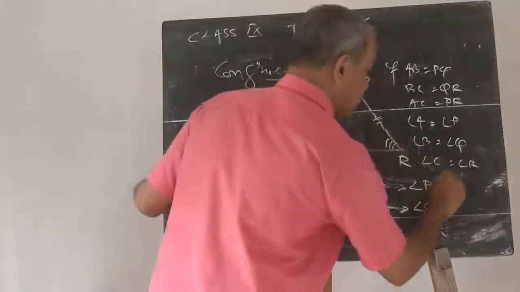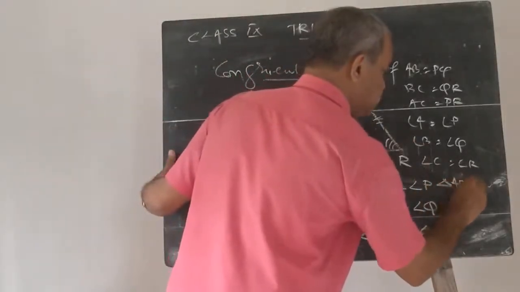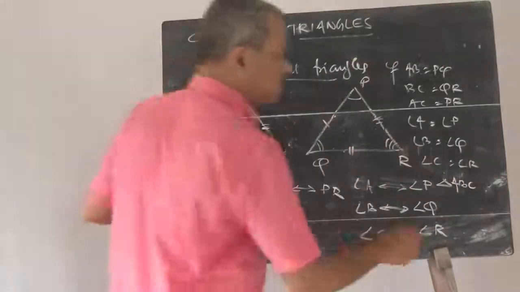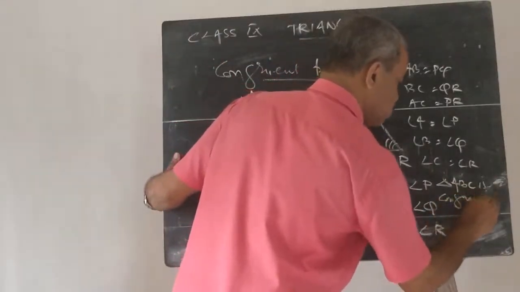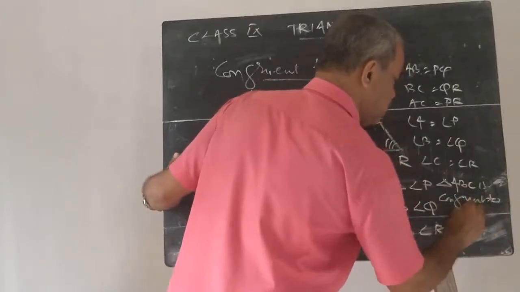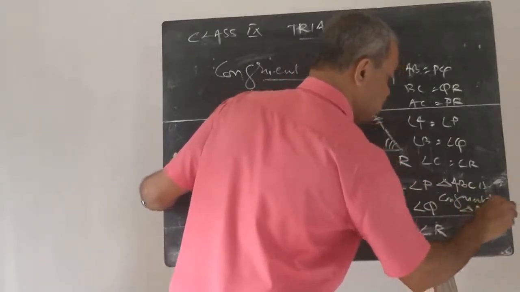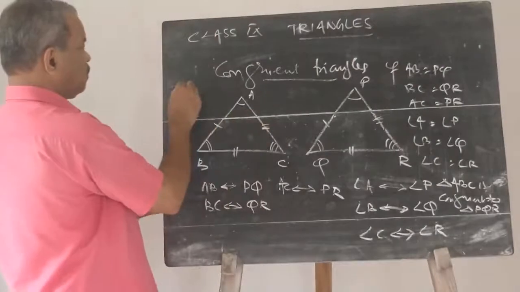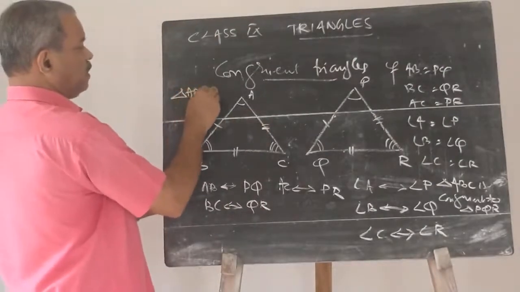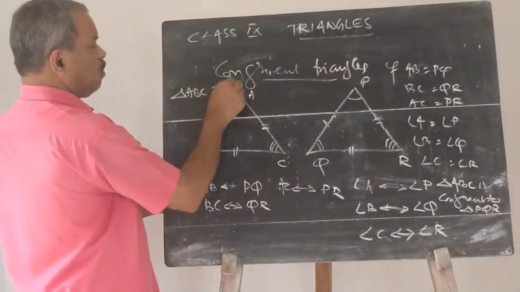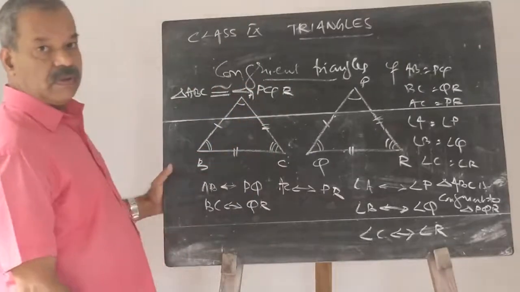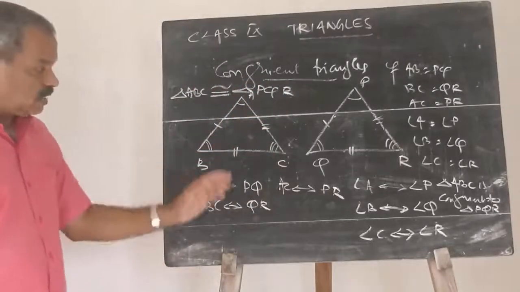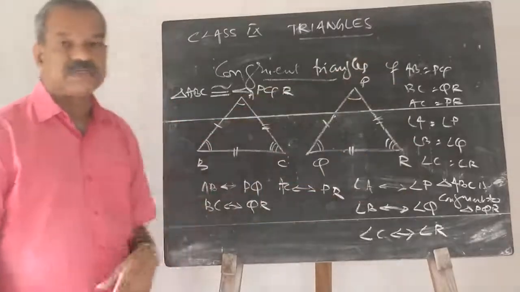Then we can say that triangle ABC is congruent to triangle PQR. We write this as triangle ABC is congruent to triangle PQR. These are the correspondences and these correspondences are equal.